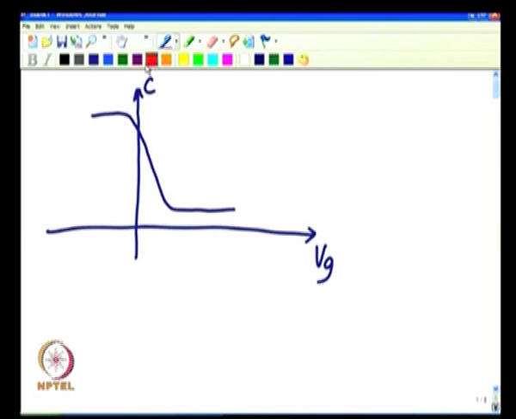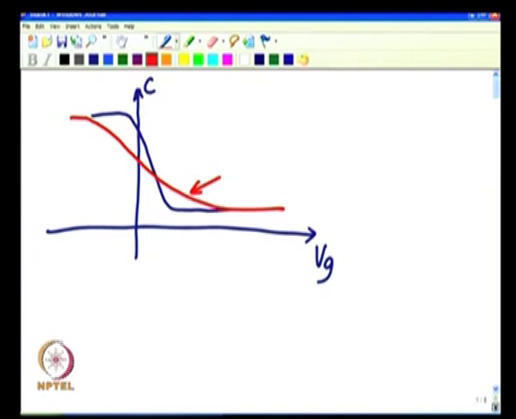On the other hand, if it is due to a combination of both fixed oxide charge and interface traps, not only will there be a shift, but also a stretch-out. The CV could get stretched out something like this, depending on how much is the interface trap density and how much is the fixed oxide charge.